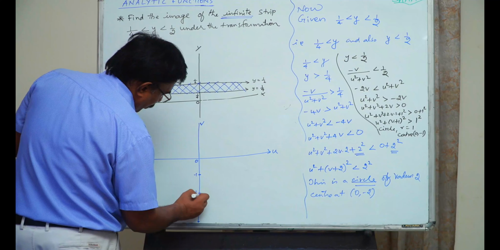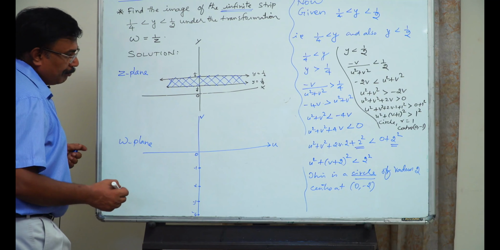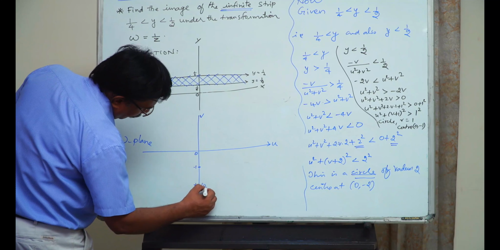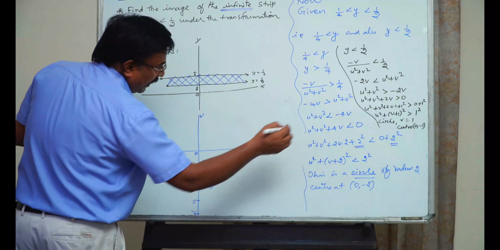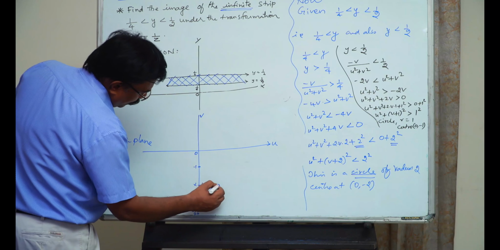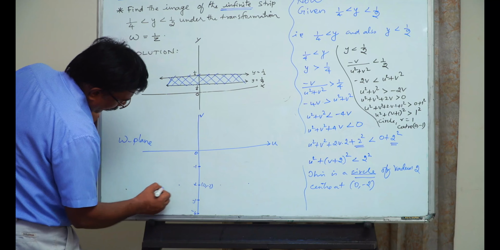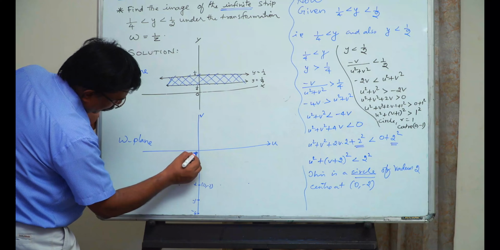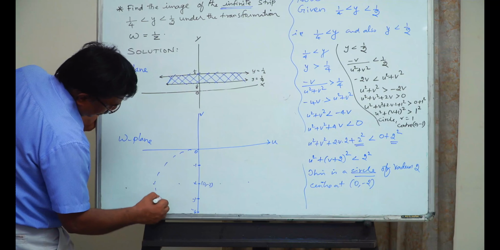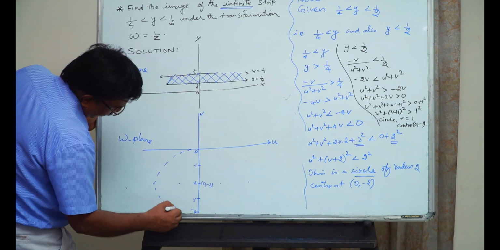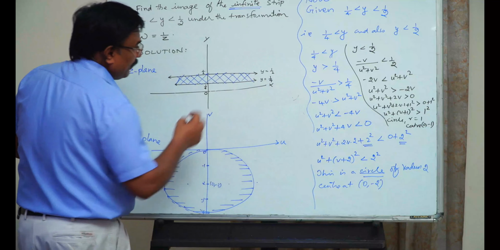Now I am going to draw this circle, center (0, -2), radius 2. So the circle will come like this. Less than means interior to the circle. Later we can shade fully, because one more circle is waiting for us.